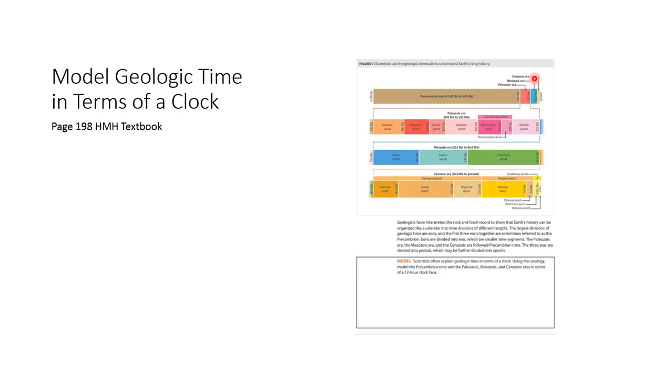Each of these time frames can be broken into periods. So the Paleozoic is broken into the Cambrian, the Cretaceous, etc. periods, and then the Mesozoic is broken into these periods, and the Cenozoic is broken into these periods. We are not going to do the periods, we are only going to map the eras in terms of a clock.